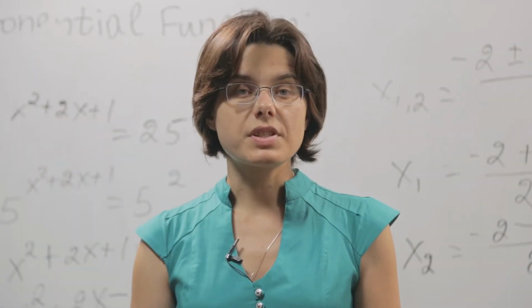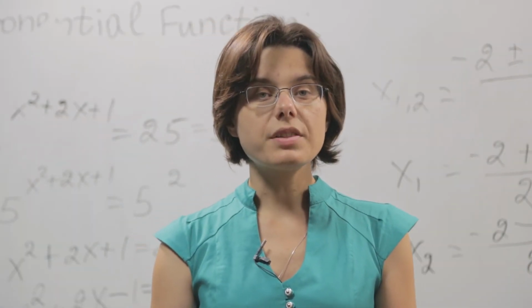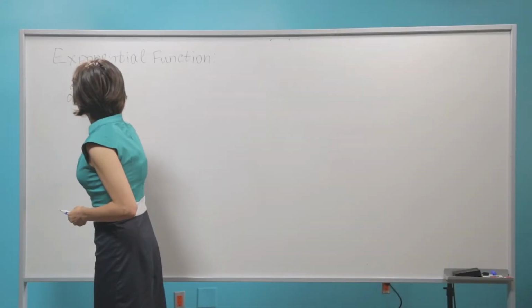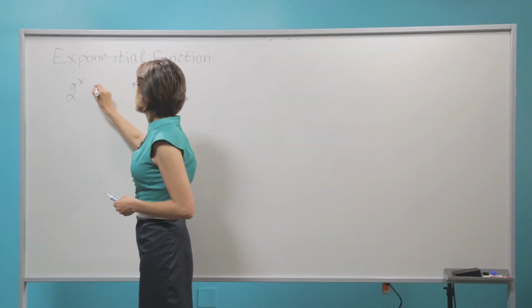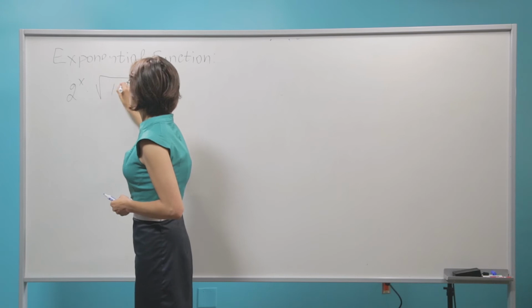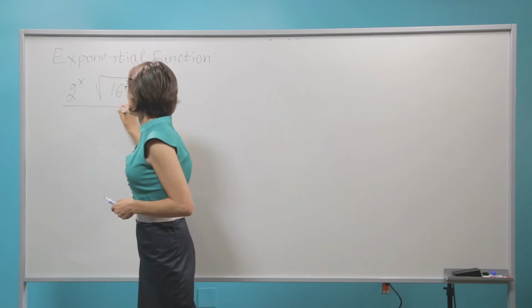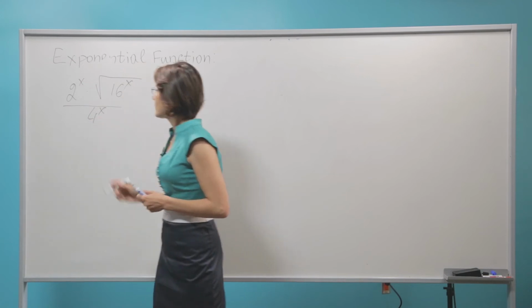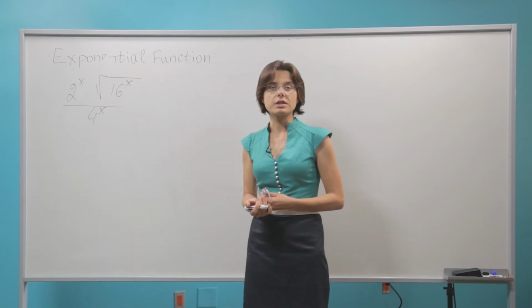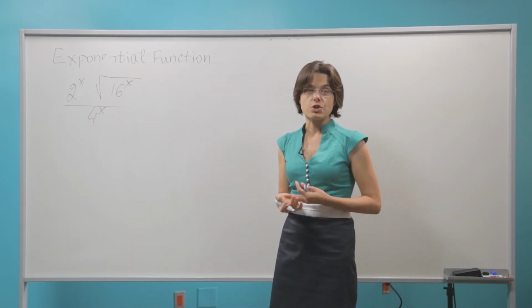Let us look at some examples. Let us simplify the following relation: 2 to the power of x times square root of 16 to the power of x, divided by 4 to the power of x. I want to simplify this relation using exponential laws.